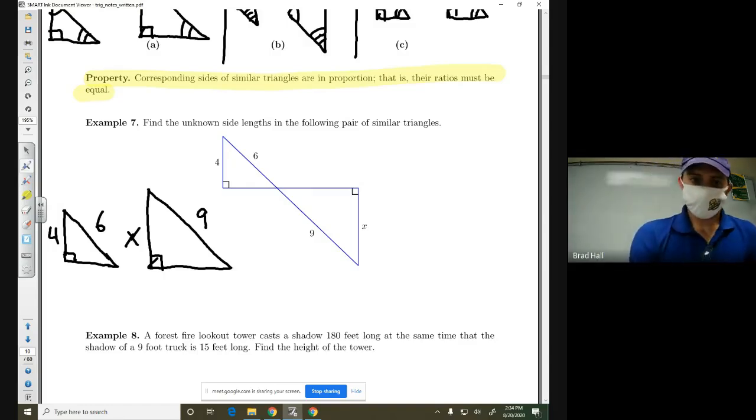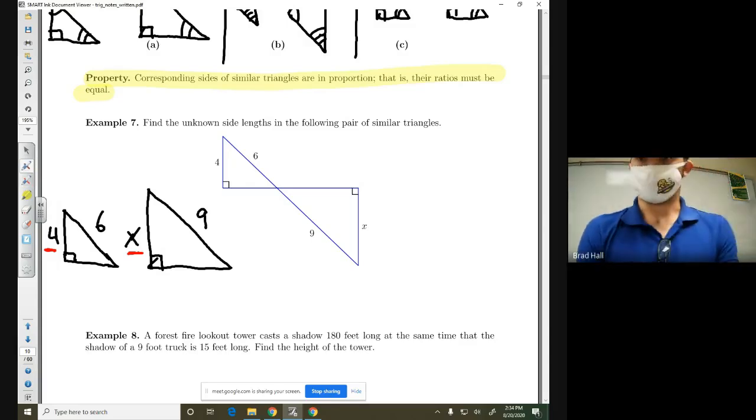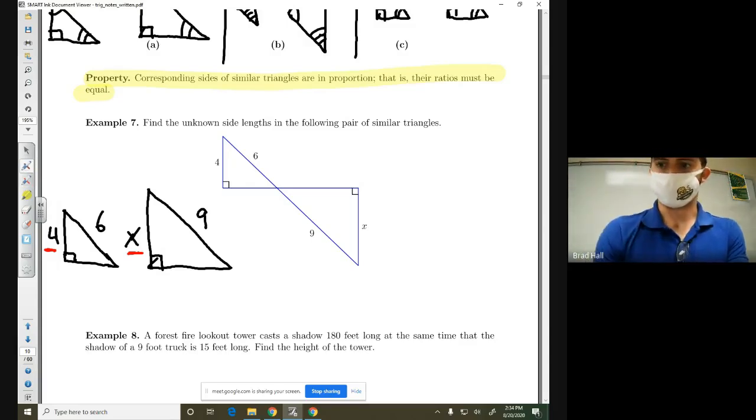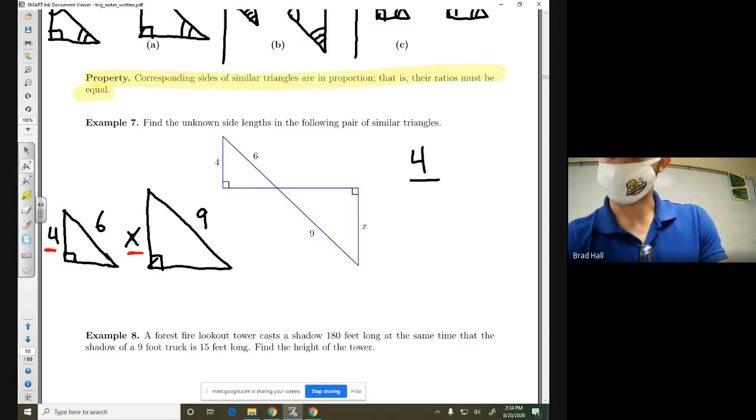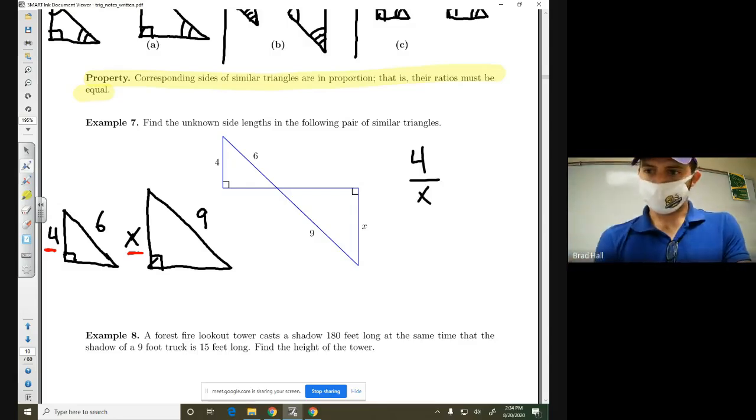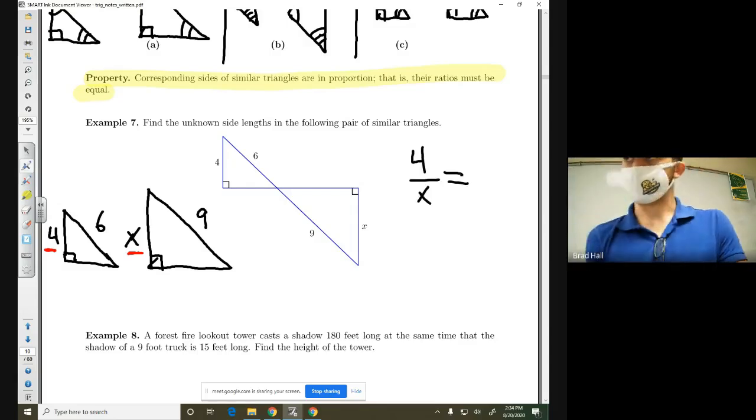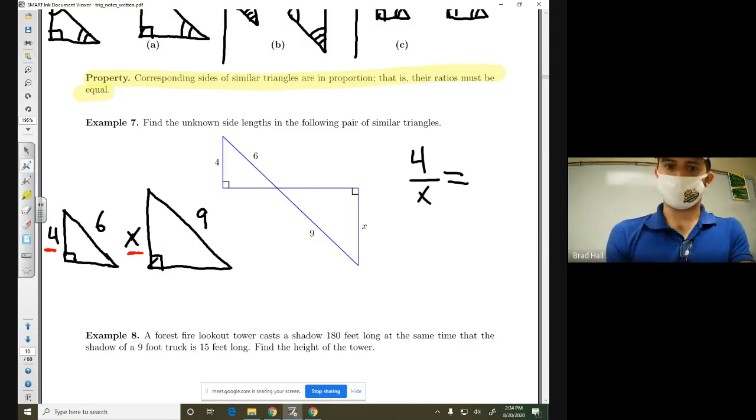Well, 4 corresponds to X because they're on the same side of the similar triangles. So the ratio of those two, 4 over X, is equal to the ratio of the other corresponding sides.